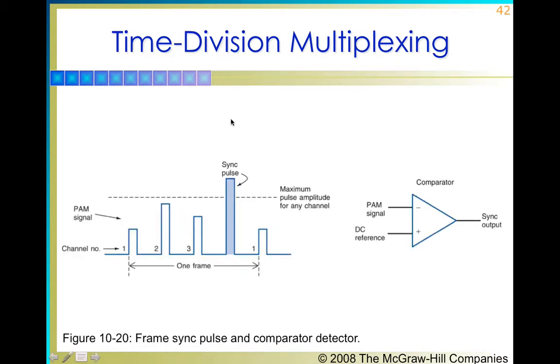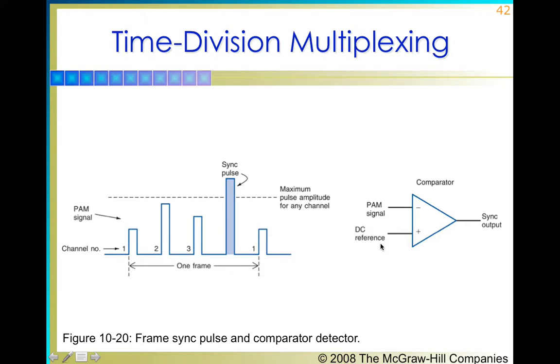The other signal to ensure the synchronization of the transmitter and receiver is the synchronization pulse, which is embedded in every frame, and we can use a comparator circuit. This comparator circuit uses a DC reference voltage, which is just higher than the maximum pulse amplitude for any channel.